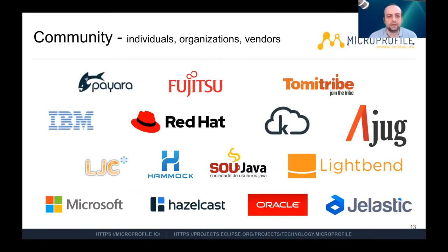There are some Java user groups, like the London Java Community and Atlanta JUG, smaller communities, and you will also see big companies like Microsoft or Oracle or IBM or all the others.